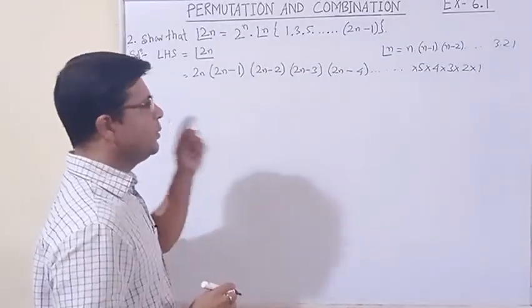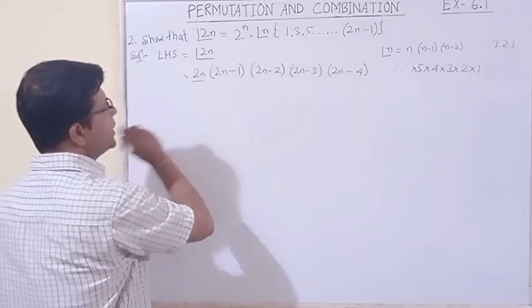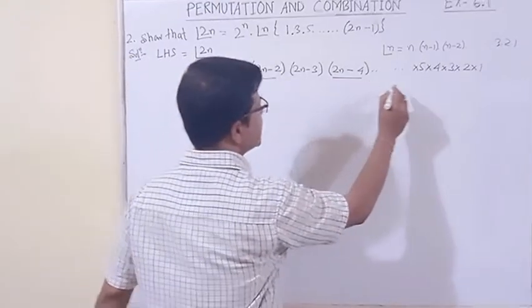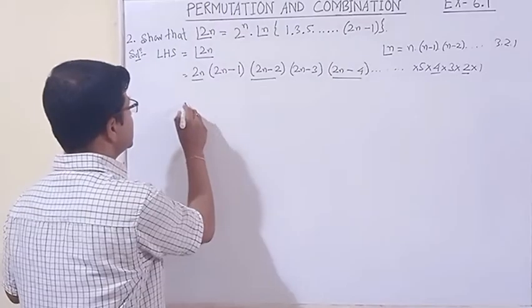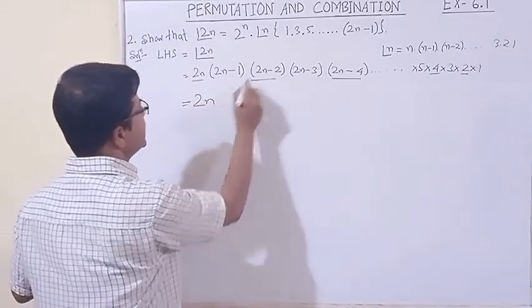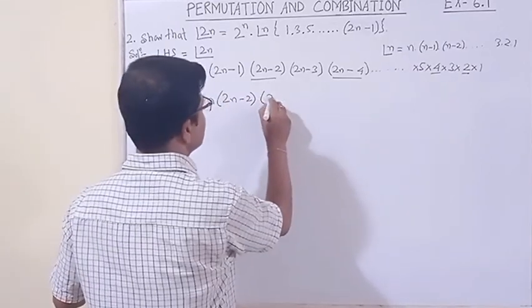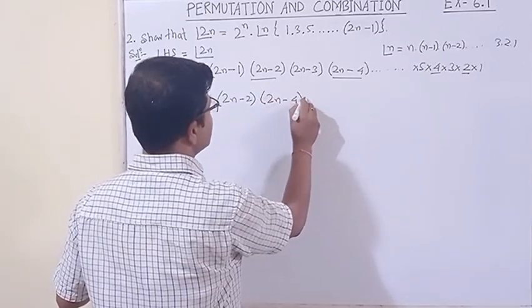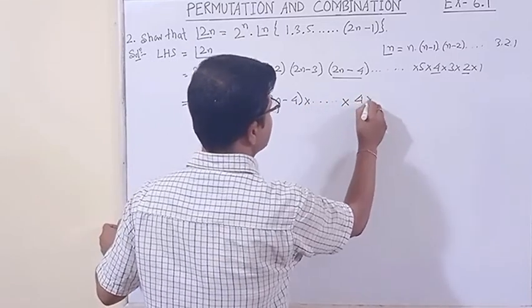Now what we do, we make two groups. One is for the even number group and another for the odd number group. Let us do that. This is twice n. Next is twice n minus 2. Next is twice n minus 4 into dot dot dot into 4 into 2.